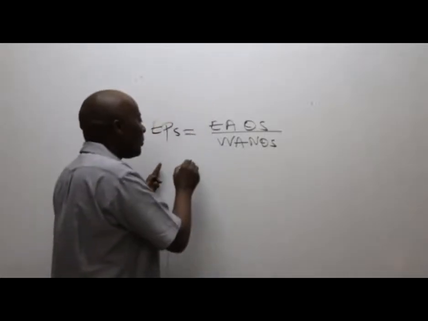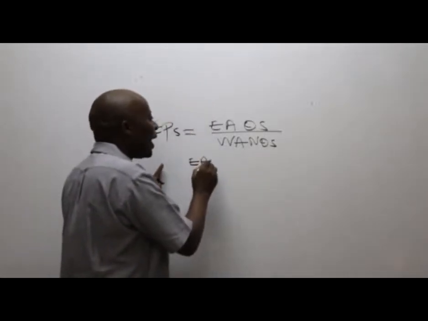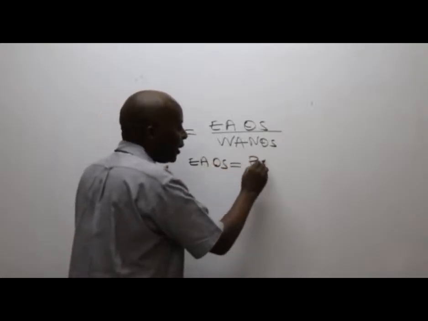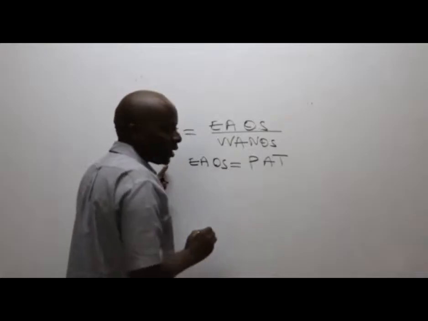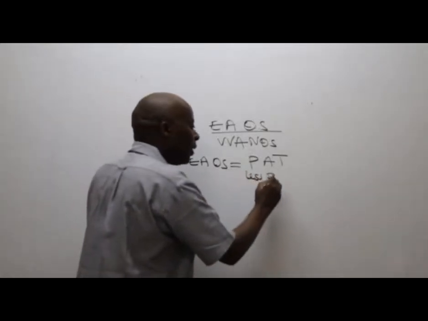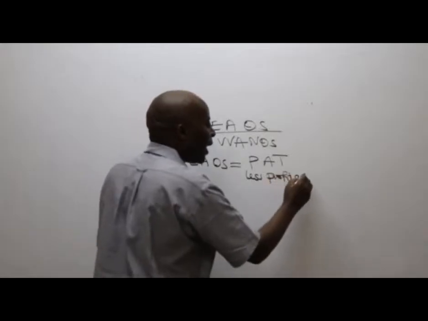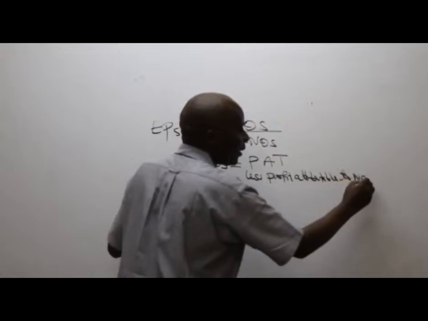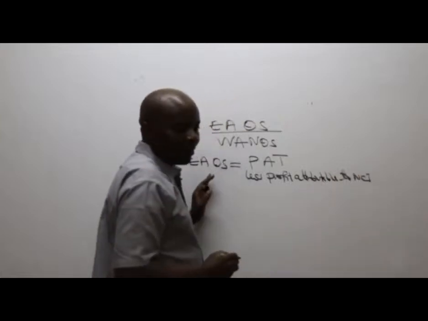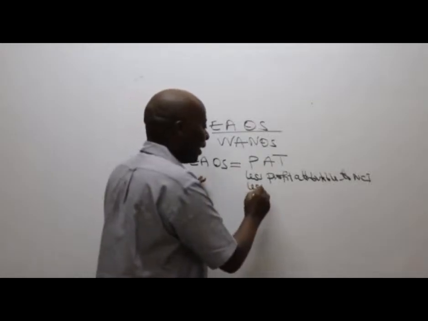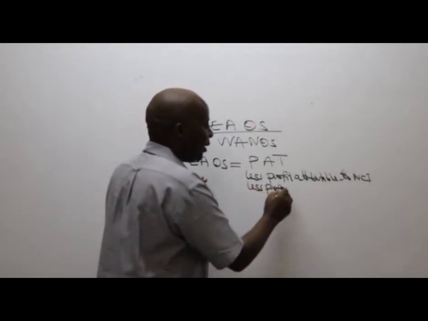So how do we get our earnings attributable to ordinary shareholders? This is very easy. We normally take profit after tax, and then we subtract profit attributable to NCI, and then of course we subtract preference dividends.